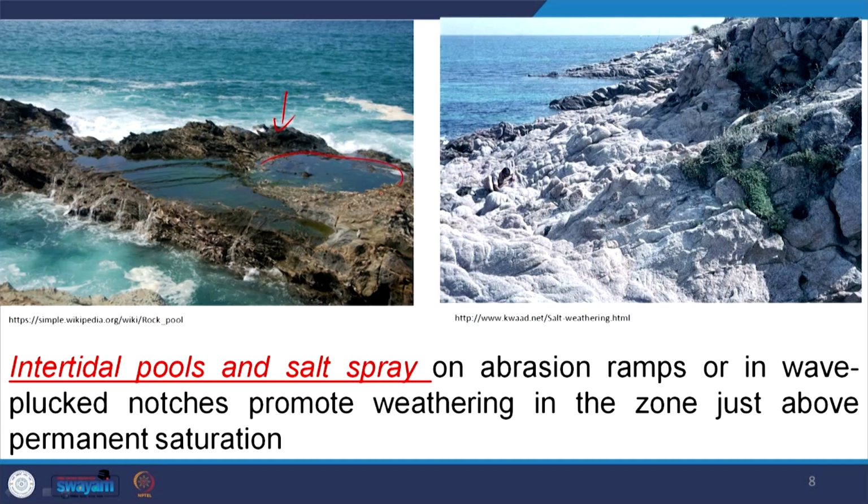There are pools in the intertidal zone, separated by a ridge. Here you get some salt spray, which means salt deposits on the surface of these rocks due to evaporation of water.